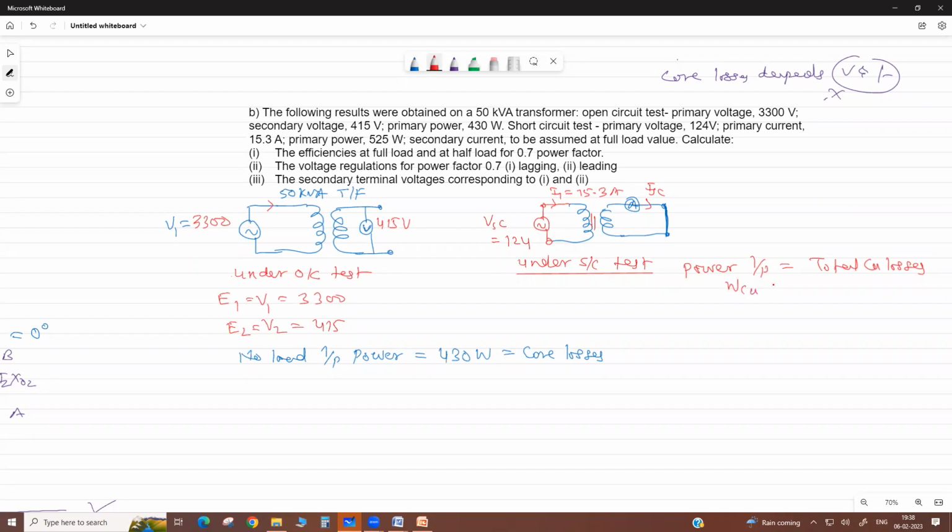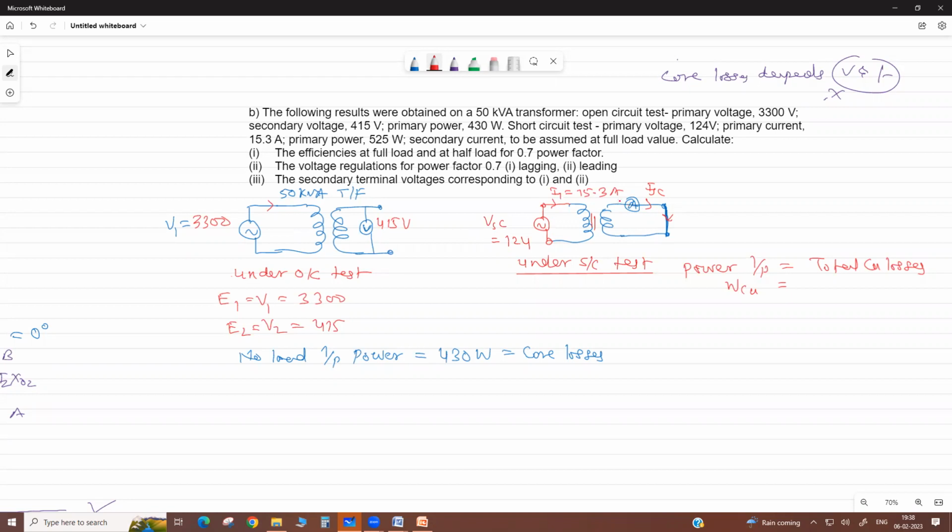Copper losses. The transformer primary current is taken as the full load current. The secondary current is measured at the full load value. When the short circuit current equals the full load current, we stop raising the voltage. We raise the voltage until the secondary reaches the full load current.